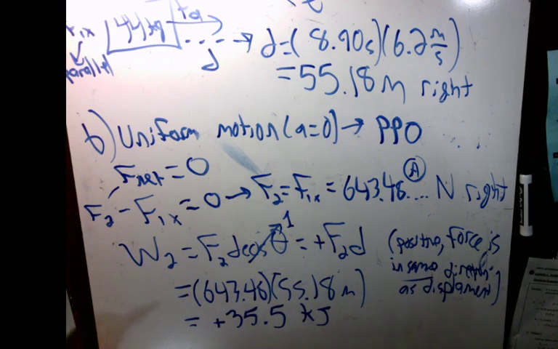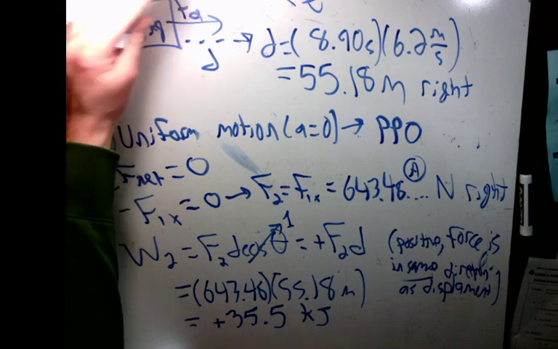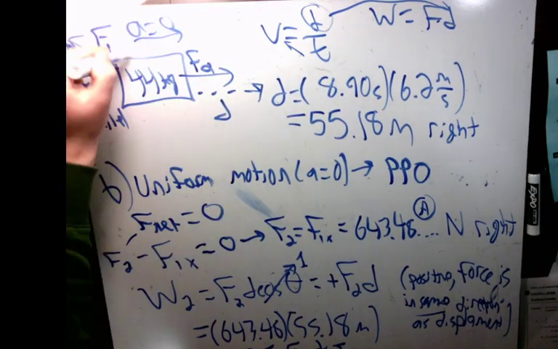Nice and easy calculations. Right, and our other method for that would just be to understand that since our net force is 0, the work done by the net force is also 0. Net force has to be 0 because our acceleration is 0.